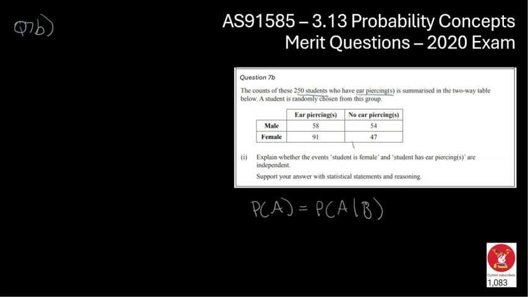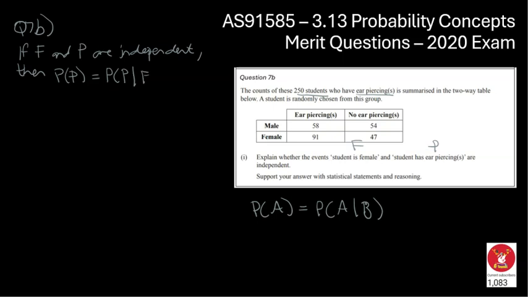Our variables here are whether they are female and whether they have a piercing. So we're going to use F and P. If F and P are independent, then the probability of P, the probability of having a piercing, should be the same as the probability of having a piercing given they were female.